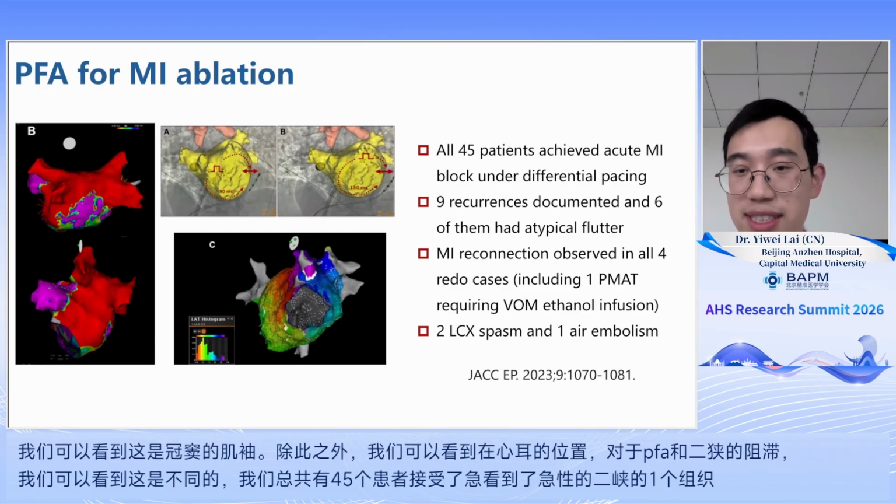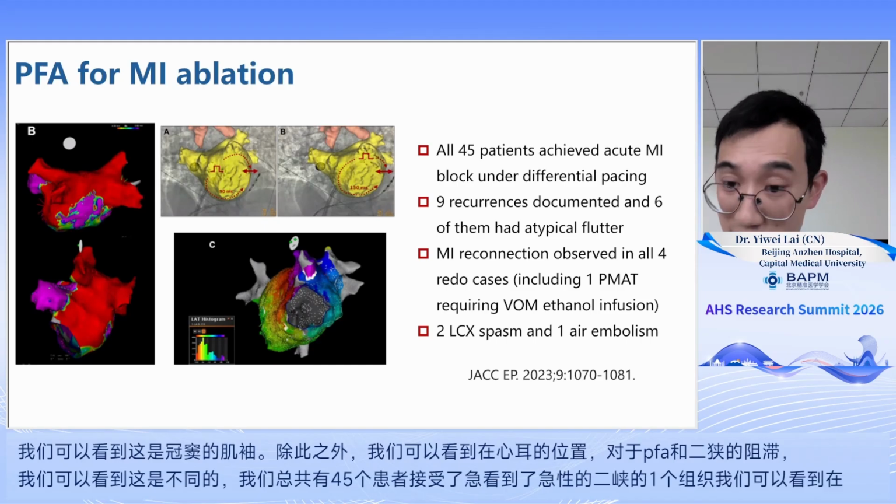in this preliminary study. However, as for the methodology, you can see that in this study they only used 2% safety until real world to validate the mitral isthmus block. And it is apparently a unidirectional block, not a bidirectional block.